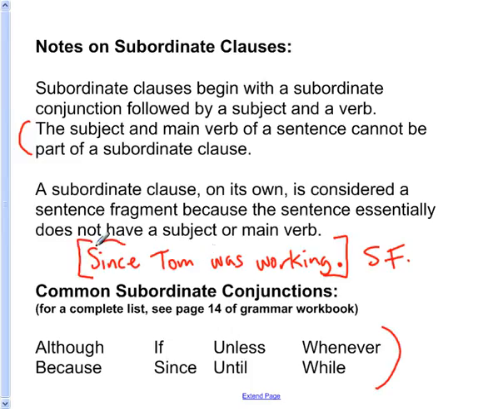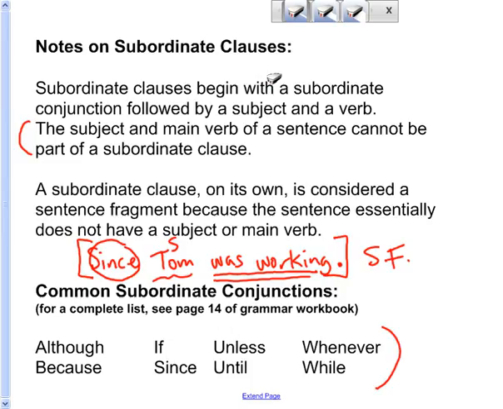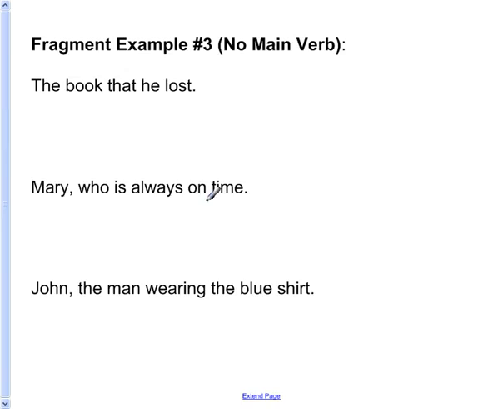It begins with a subordinate conjunction, since, and we have a subject and verb, but they are not the subject and main verb of the sentence. They are part of window dressing, a non-essential element of a sentence in terms of structure. Let's move on to another example.